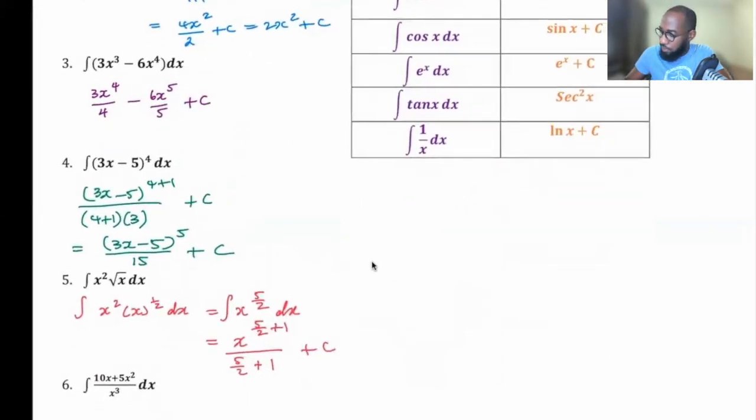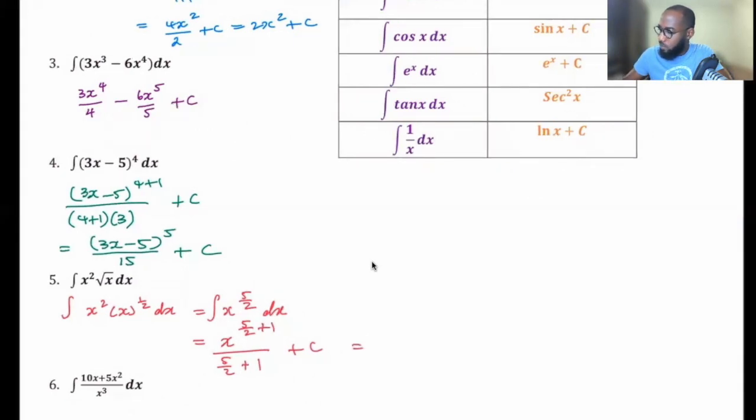We continue: 5/2 plus 1 is 7/2. That is x to the 7/2 divided by 7/2 plus c, and it's simply 2/7 x to the 7/2 plus c.